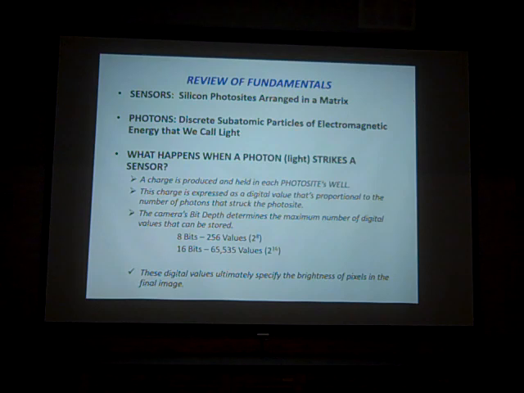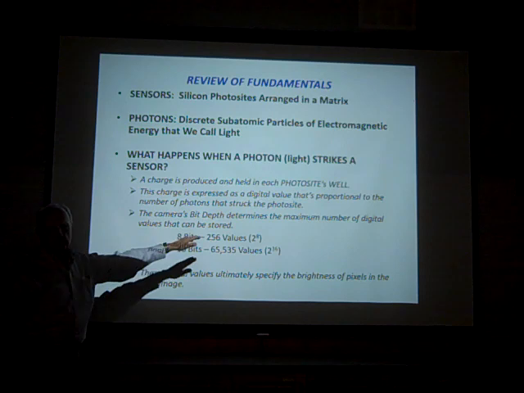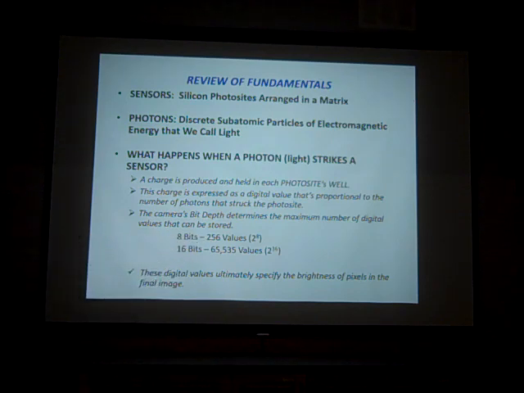Then the camera's bit depth determines the maximum number of these digital values that can be stored. If our camera is 8-bit, there are 256 different levels that can be stored. If it's 16-bit, 2 to the 16th power, then there are 65,000-plus levels that can be stored. So why is this important?